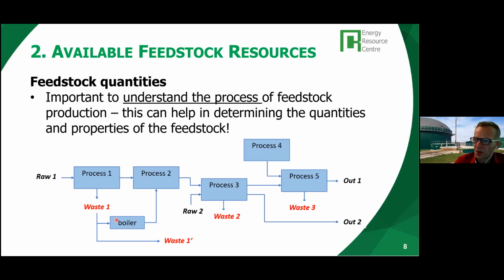On the one hand, there are different processes that will produce byproducts or wastes. On the other hand, there are other processes that might be consuming a part of those wastes.